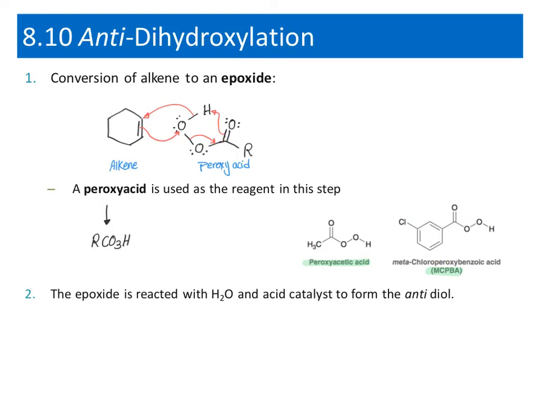Now, let's review one more time what bonds are breaking and what bonds are forming. The bond between oxygen and hydrogen is broken, and the bond between two carbons, the pi bond, is also broken, and the bonds between this oxygen and these two carbons are formed, and the bond between two oxygens is broken.